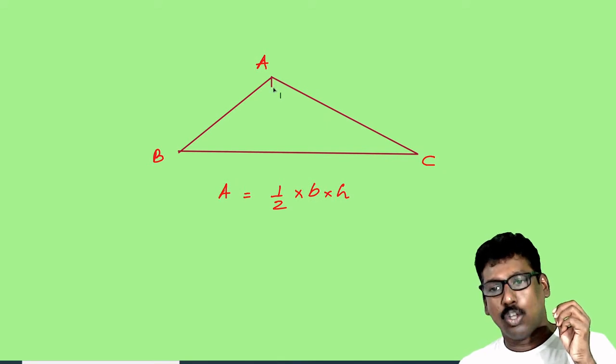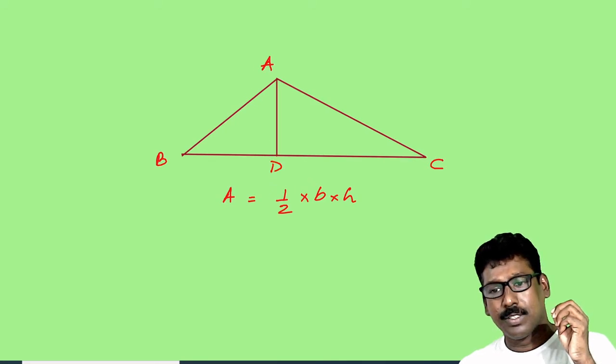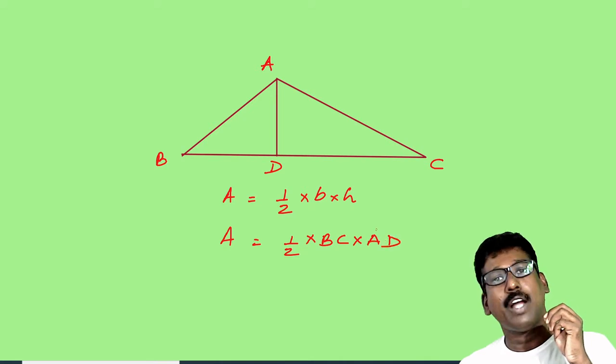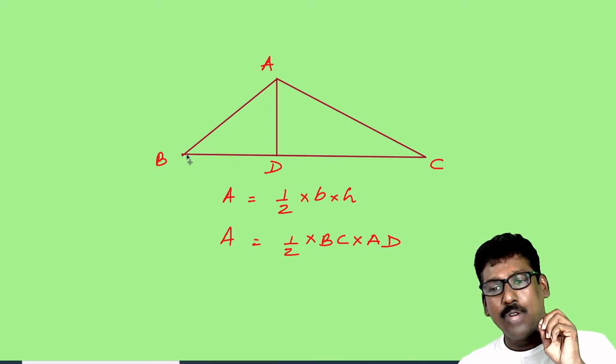Let me draw a perpendicular from A to the base BC. Let it be D. So, here, area you can write it as half into base BC into height AD.